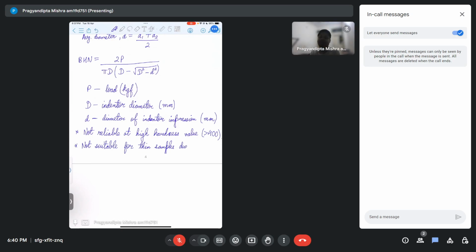So it looks something like this. If you see the side view, it looks something like this. From the bottom, we are trying to see how the indenter looks.